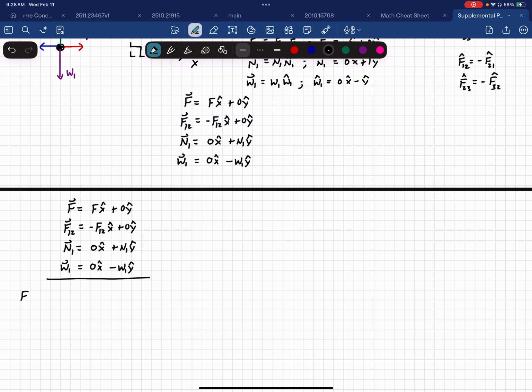So all the net forces, basically just adding of all the vectors, comes out to be F minus F12 x hat plus N1 minus W1 y hat.